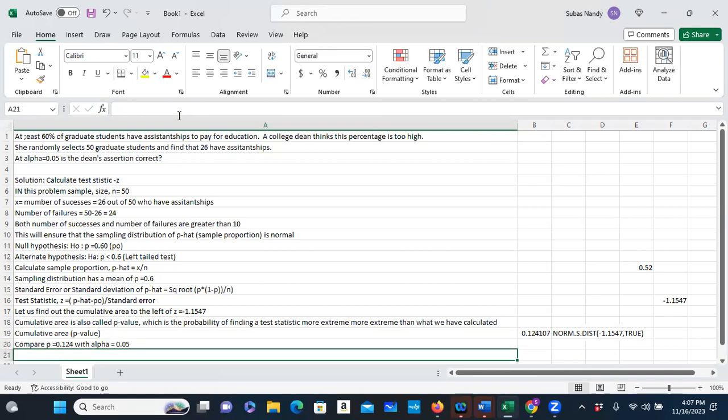Remember, alpha is the probability of rejecting H0 when it is true. That is, we should not have rejected H0 when it is true. It is also called type 1 error.